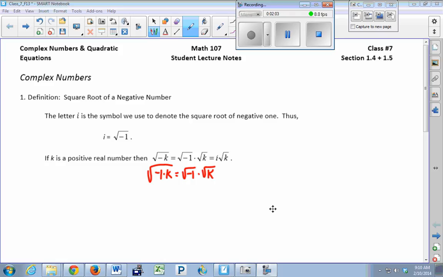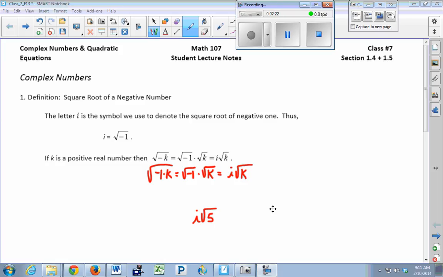So notice, anytime k is not a perfect square and it stays under the radical like that, the i always goes in front. So if we had a situation like this, this is how we prefer to write it. And the reason is, if you put the i on the other side, it's not clear if it's under the radical or not.